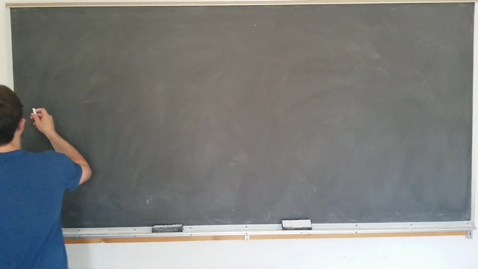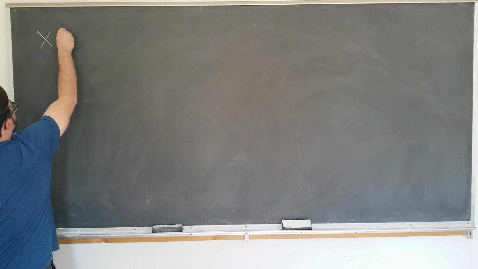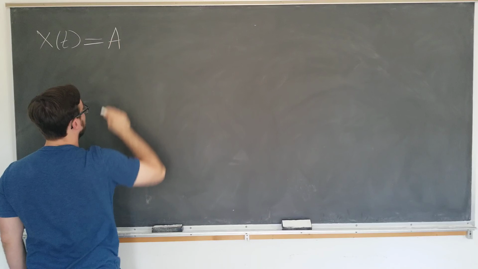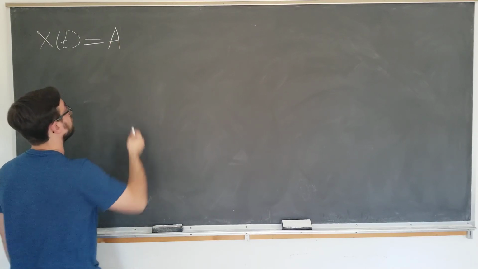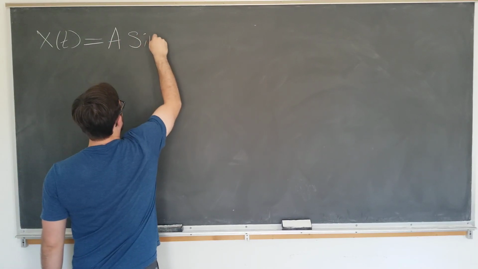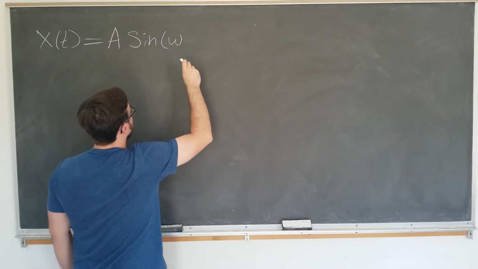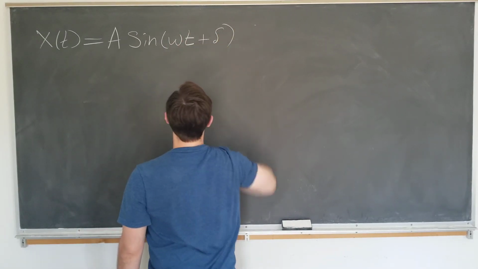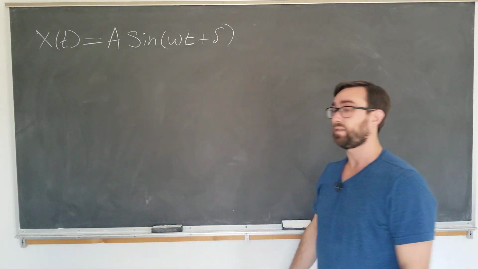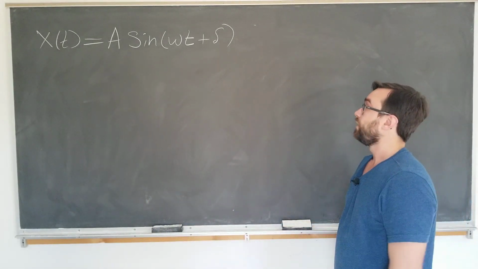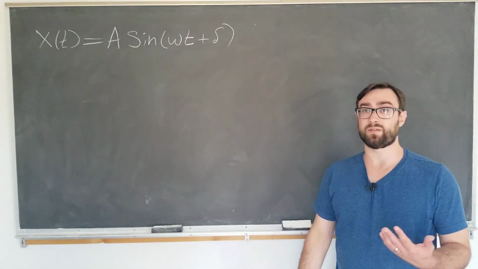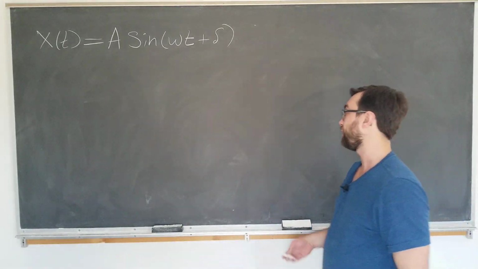This tells us that the harmonic oscillator position, x of t, is defined to be some constant a, representing the amplitude of oscillation, times a sine function of the angular frequency times time plus some offset delta if it doesn't start exactly at 0. And this, for our purposes today, can be considered the mathematical definition of the harmonic oscillator.